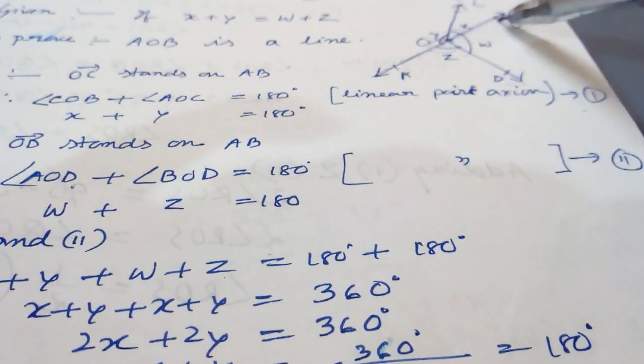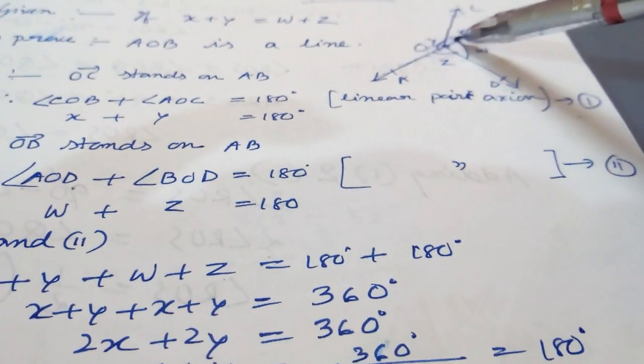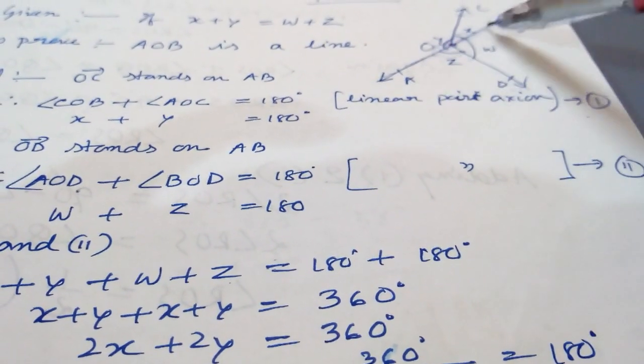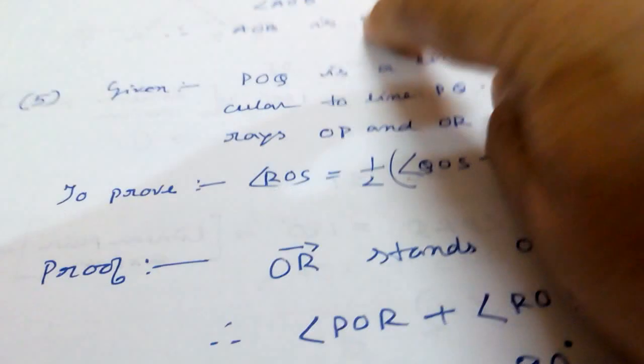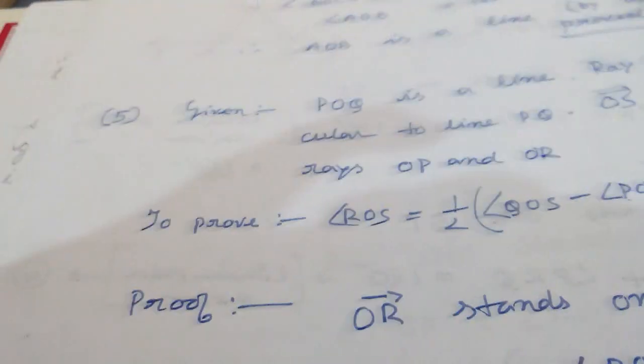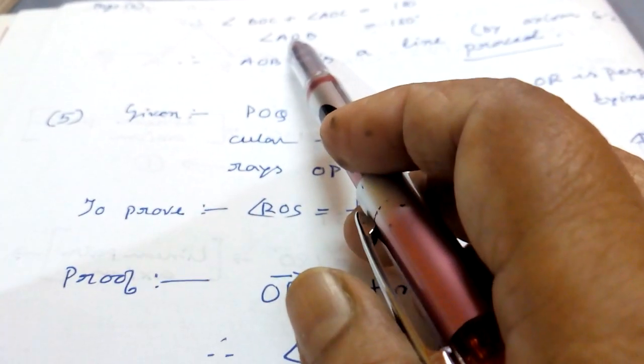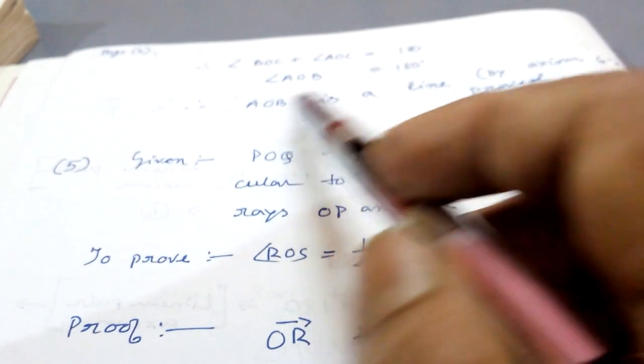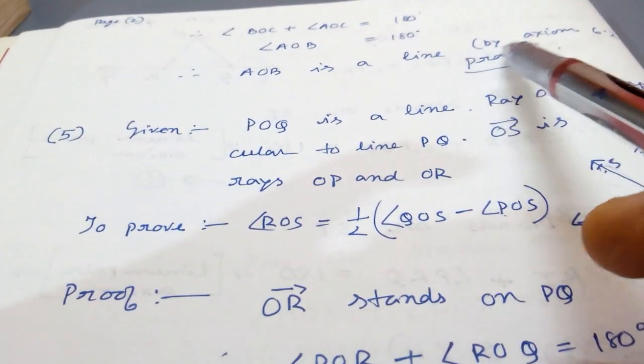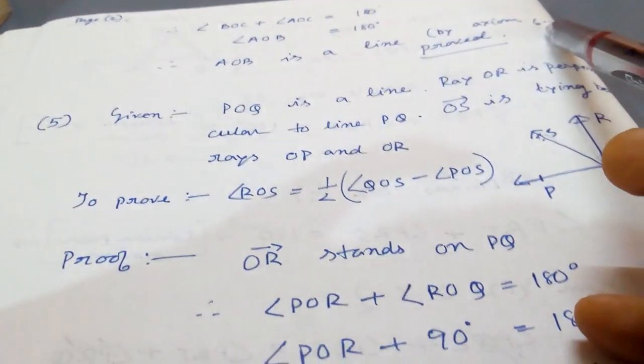Therefore AOB is equal to 180 degree. Therefore AOB is a straight line. We write here: BOC plus AOC is 180 degree, AOB is equal to 180 degree, AOB is a line. By axiom 6.2, proved.